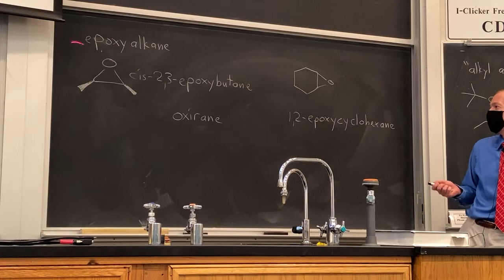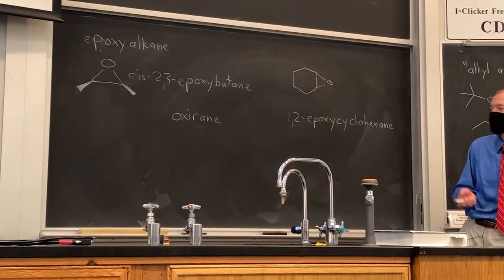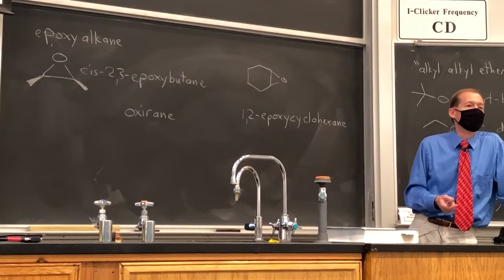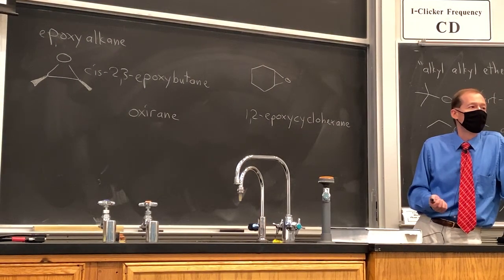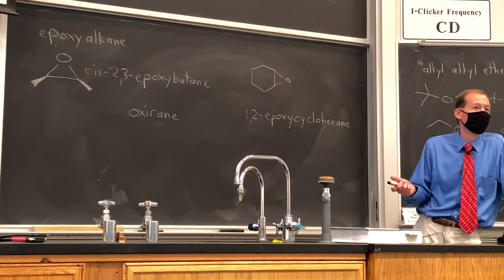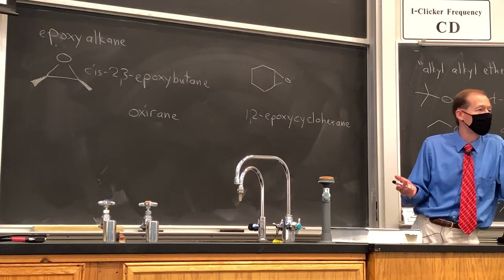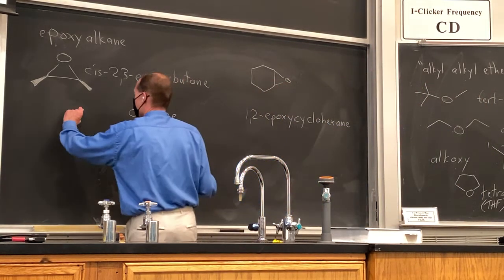So if we were going to name this compound as an oxirane, what would go in front of the word oxirane? What substituents do we have coming off of our three-membered ring? Okay, methyl groups, how many? Okay, so we would put dimethyl.